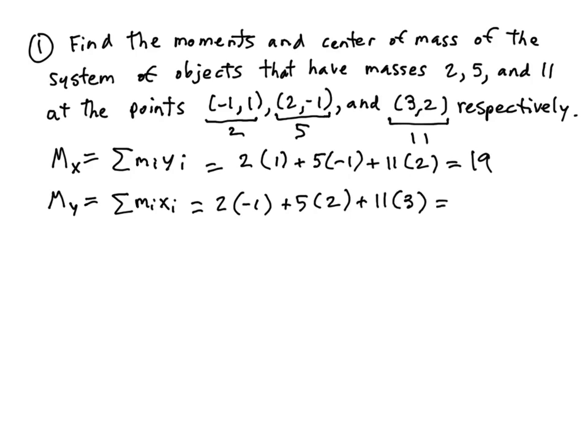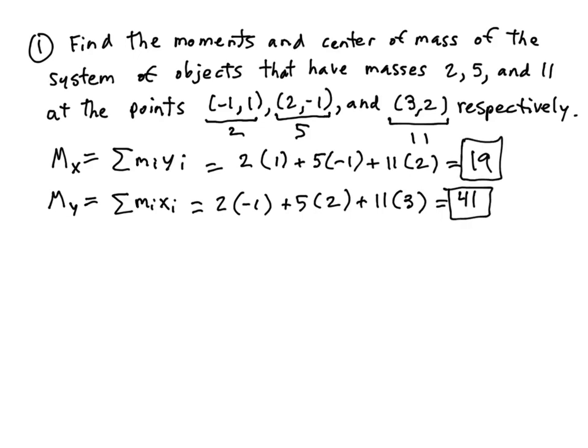So this is -2 plus 10 is 8 plus 33 is 41. So these are the moments, and the problem did ask us for the moments and the center of mass, so this is one of our answers. This is our other answer.